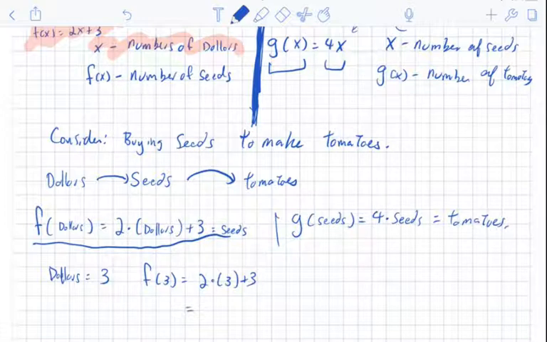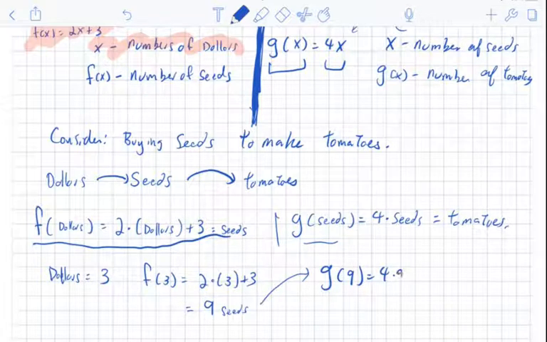That's 9 seeds. And then I can use this function to calculate how many tomatoes I get. Does that make sense?